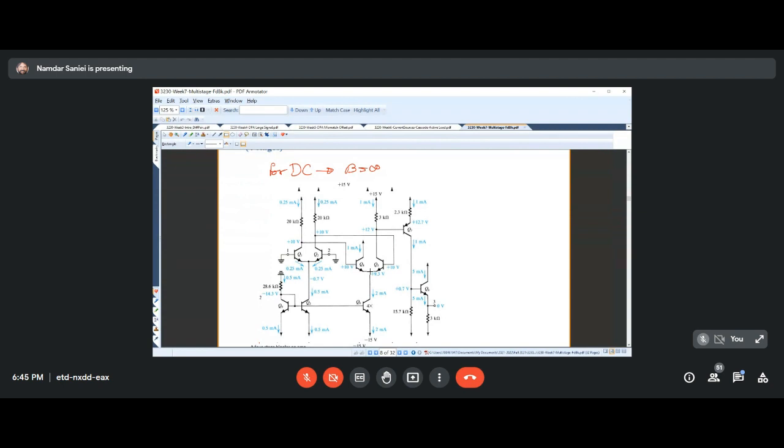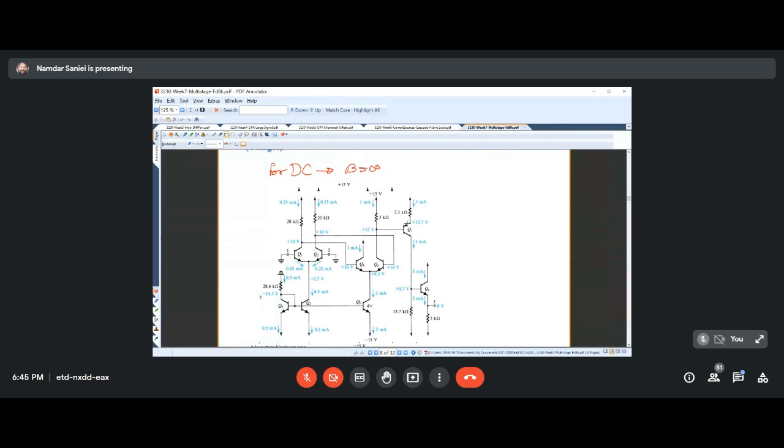And the same way, the current on the second differential pair amplifier would get split between the two equally, and then drop a voltage on the resistance, which would determine the DC input voltage to the next stage, the third stage.